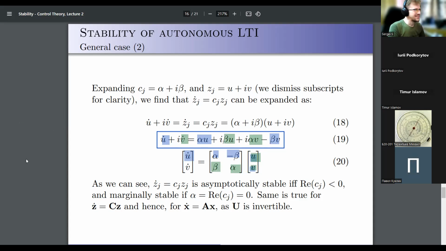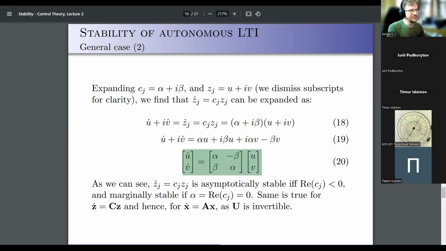And now comes a punchline. We already know everything about this equation. That's the previous example. And we know that for this equation, stability will be achieved if the real part of the eigenvalue is negative, asymptotic stability. Marginal stability if it is non-positive. So for this equation to be asymptotically stable, the real parts of the eigenvalues have to be negative, and marginal if it is zero, not non-positive.